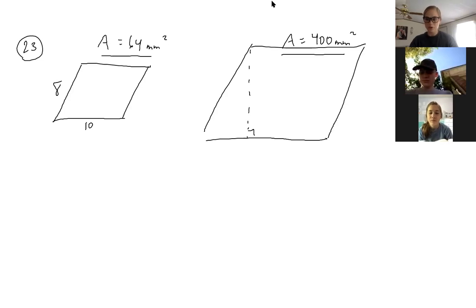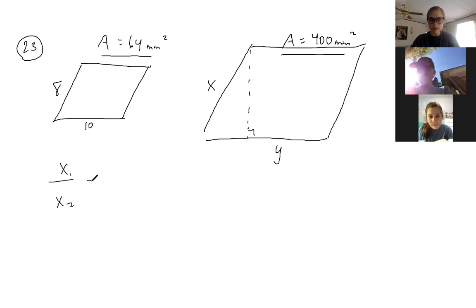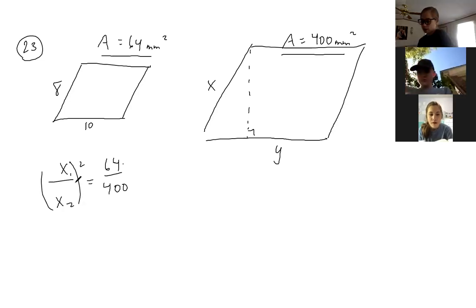These two parallelograms are similar, correct? The ratio of the corresponding sides. Therefore, we have to find what one of these sides is, correct? Well, we know that the ratio of the areas of the smaller parallelogram to the bigger parallelogram will be 64 to 400. Again, this ratio is squared because we're dealing with areas.